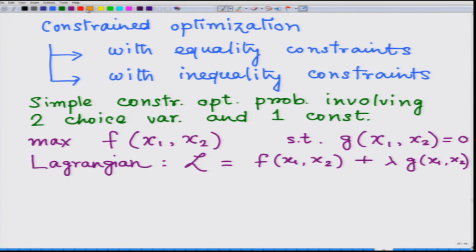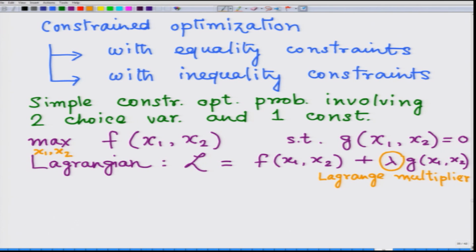So, here the decision variables will be x1 and x2, and we introduce this new entity or the concept called Lagrange multiplier, which is also unknown.